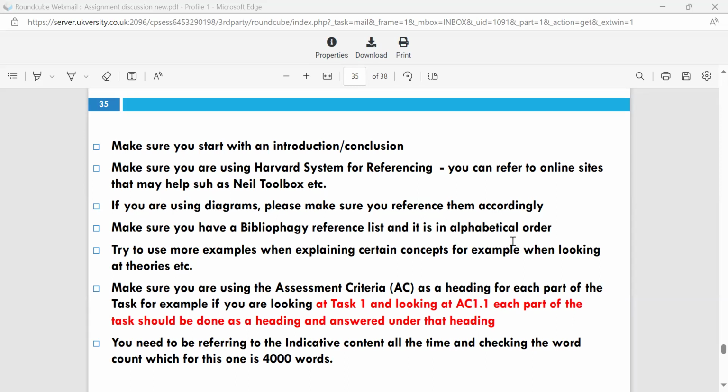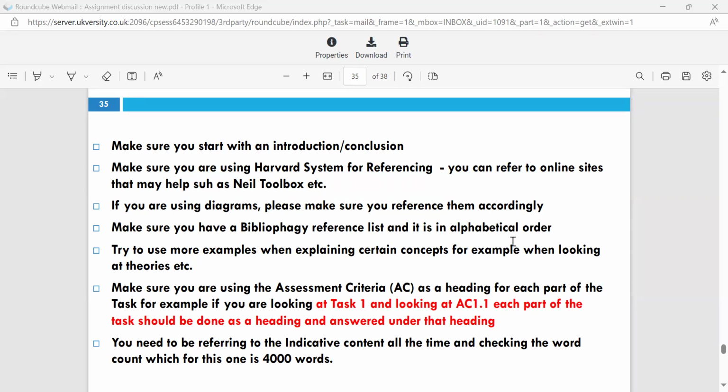Try to use more examples when explaining certain concepts, for example when looking at theories and case law, because it will build up your ideology that you know what you're talking about.